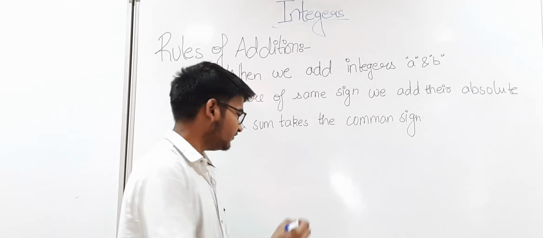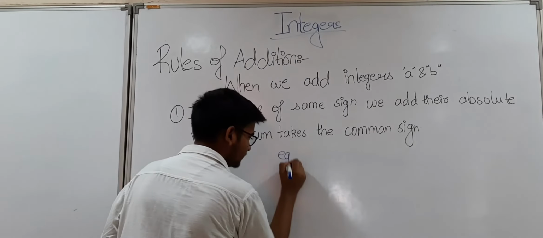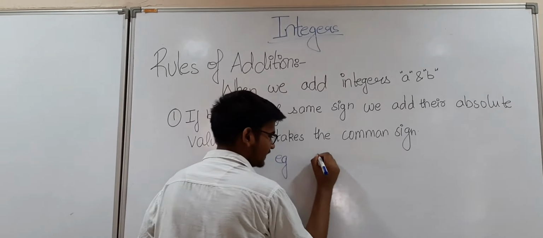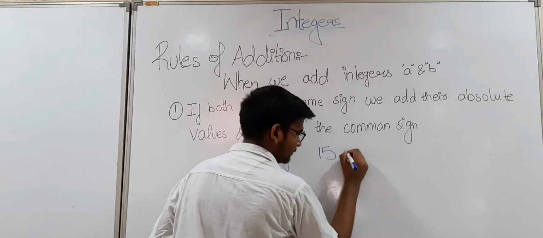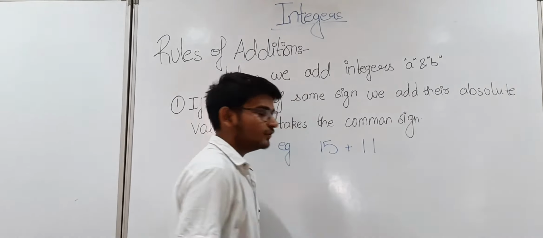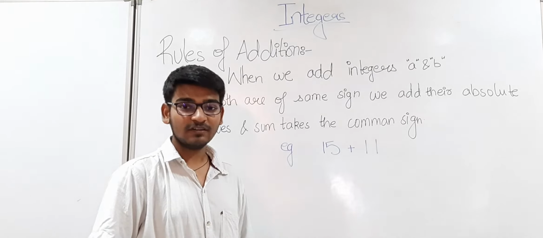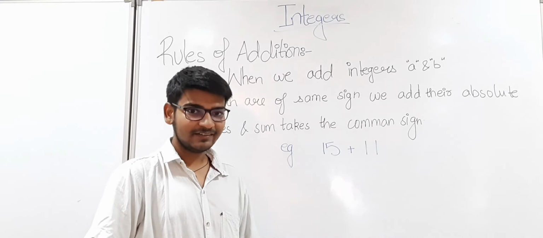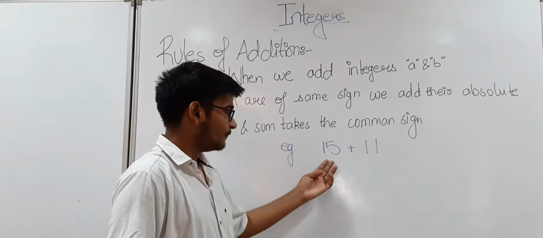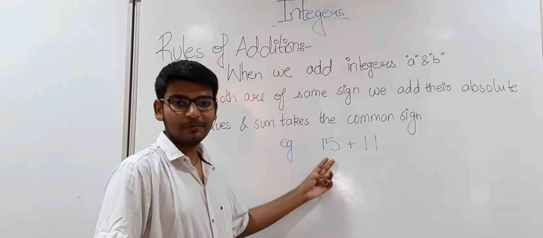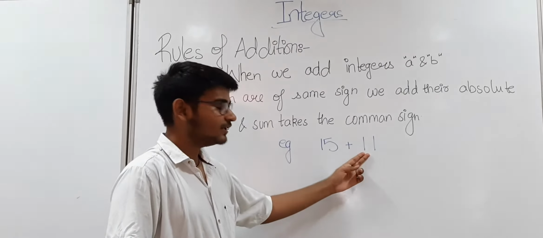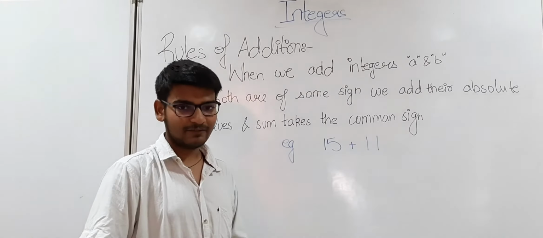So now let us take the example where both numbers are positive, that is 15 plus 11. Since I have told you that the absolute value of the positive number is the number itself, the absolute value of positive 15 will be 15 and the absolute value of plus 11 will be 11.